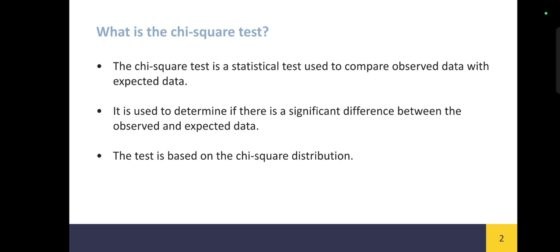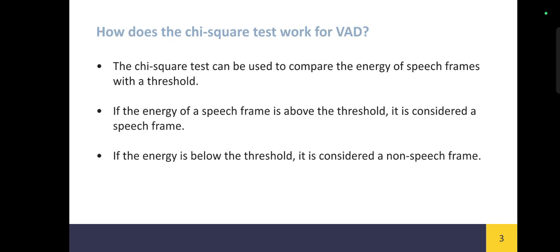Now we are moving to the next interesting slide. How does the chi-square test work for voice activity detection, VAD? The chi-square test can be used to compare the energy of speech frames with a threshold.